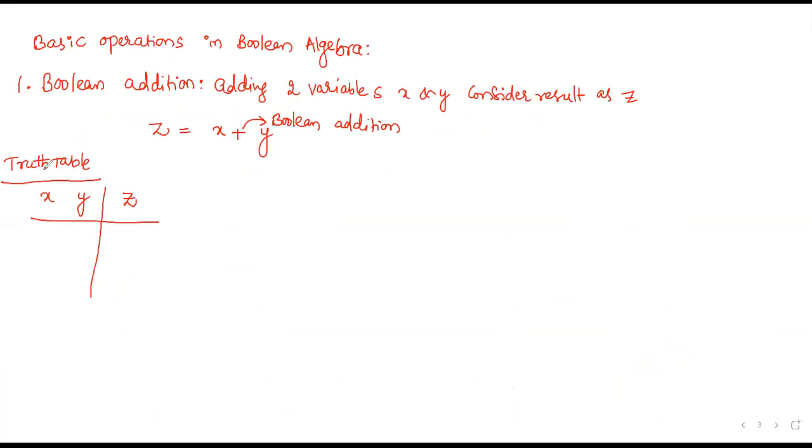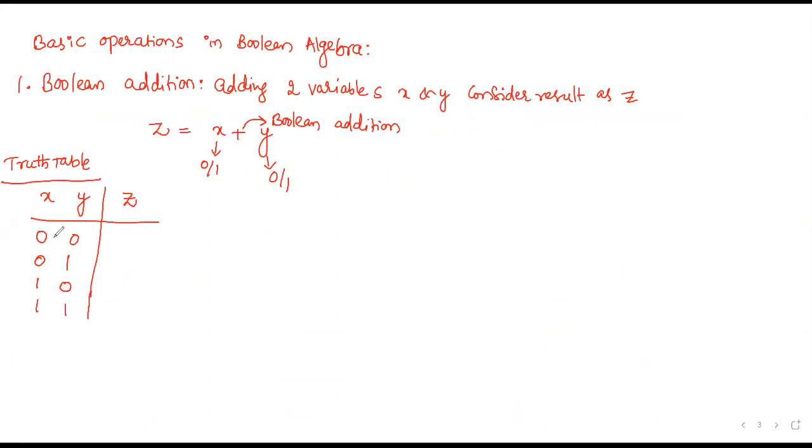So x will take either 0 or 1, y will take either 0 or 1. So you will get 4 different combinations: x value 0, y value 0; x value 0, y value 1; x value 1, y value 0; x 1, y 1.